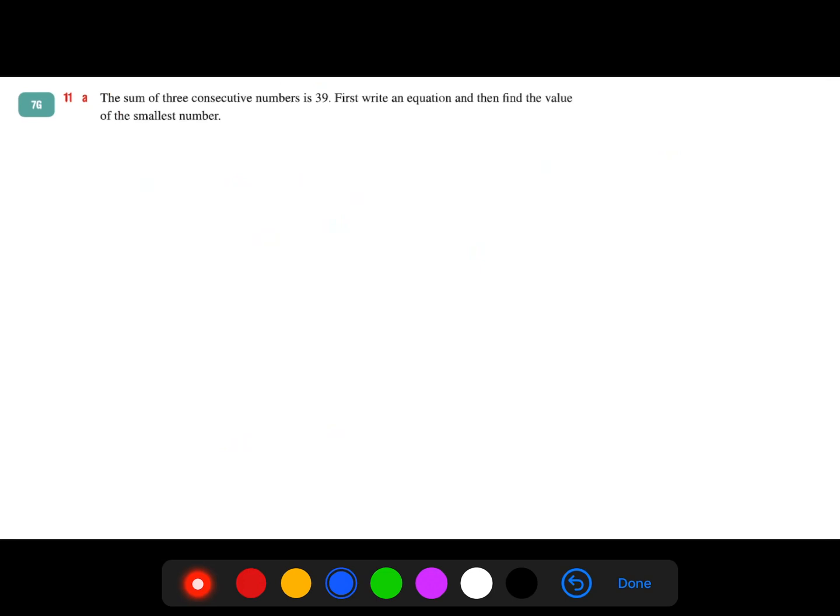Alright. And then 7G is to find the value, or to find the equation, when you're given a worded question. So it'll be 11A. The sum of 3 consecutive numbers is 39.